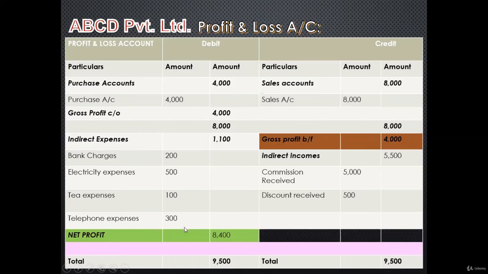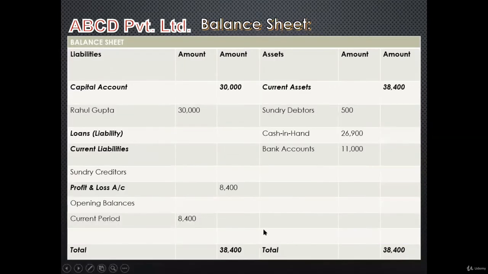So after reaching all the balances and matching them, we reached a net profit of rupees 8,400 that we'll take over in the balance sheet. So for the balance sheet, I have prepared the balance sheet over here, in which on the left side, I have mentioned my liabilities, my responsibilities, and on the right side of the balance sheet, I have recorded the assets of my company.